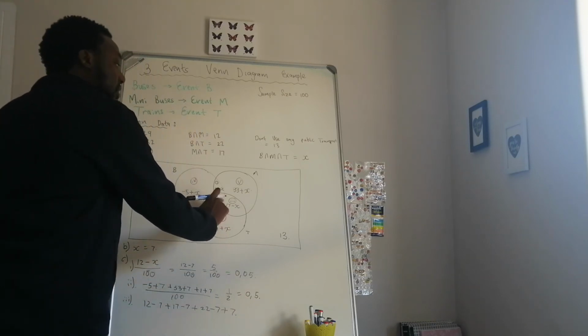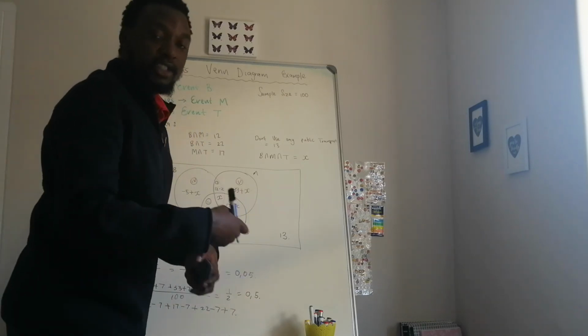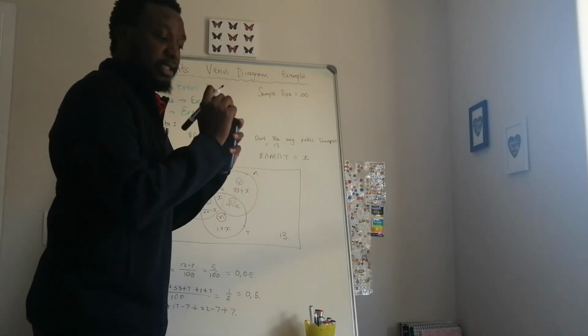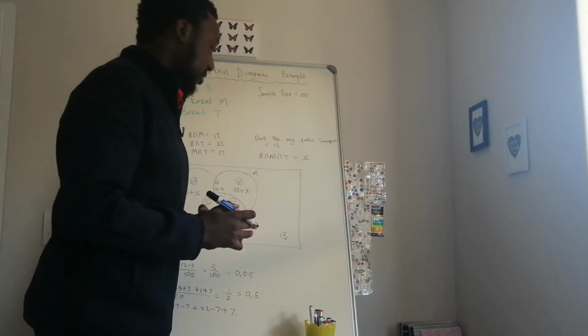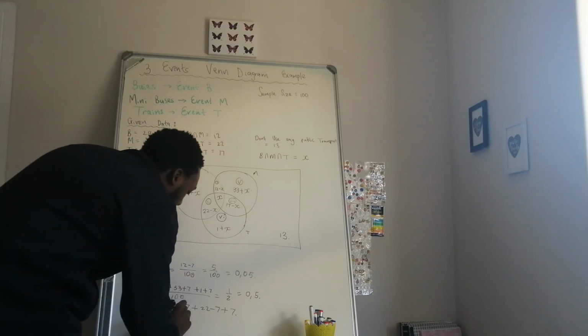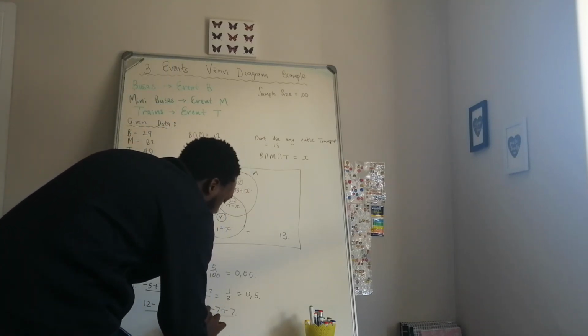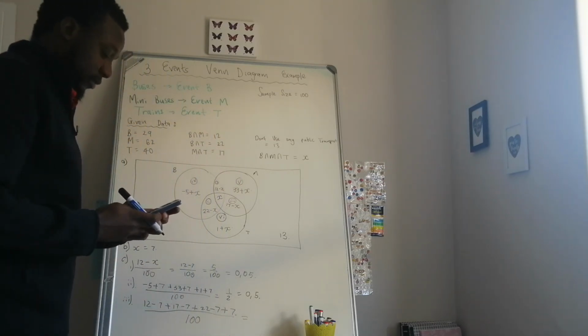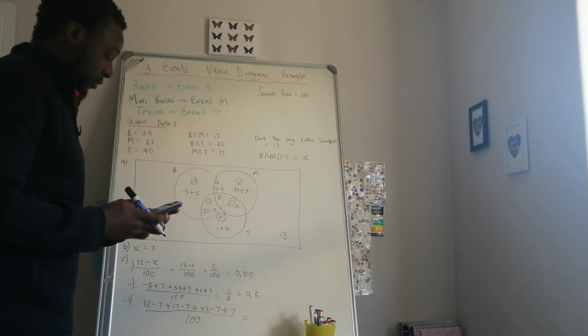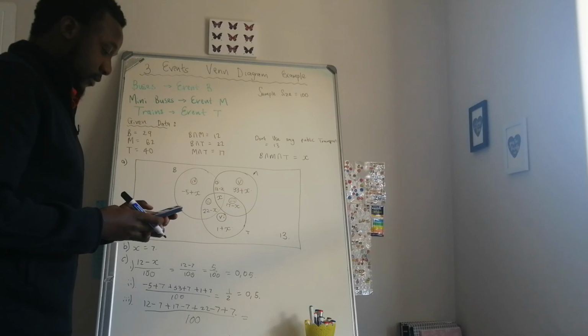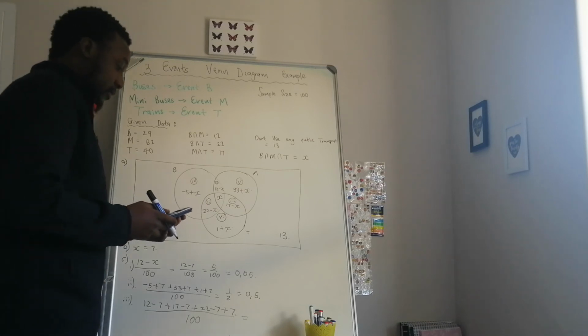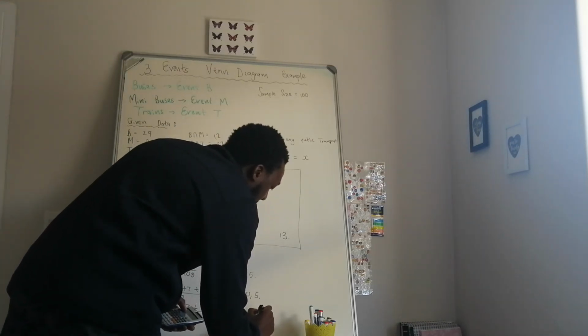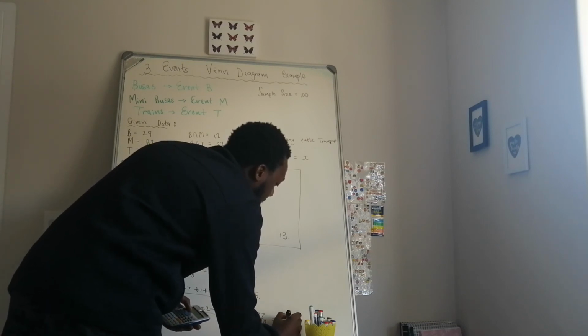We need to add this area as well, where the person uses minibuses, trains, and buses. So we add that area as well. Divided by 100. What do we get? We get 37%. This is 37 over 100, which is 37%.